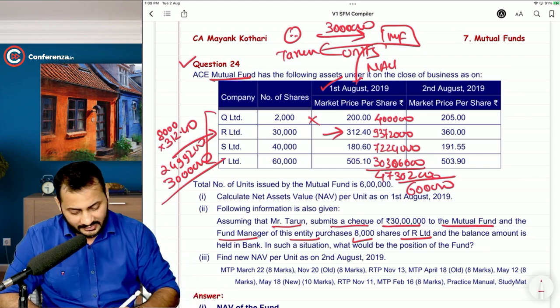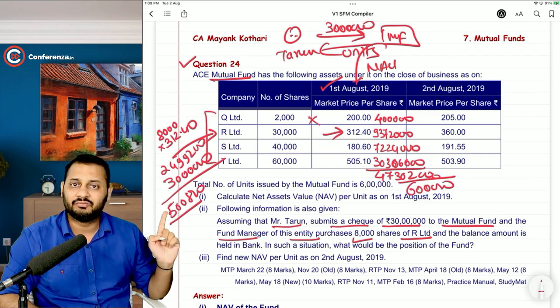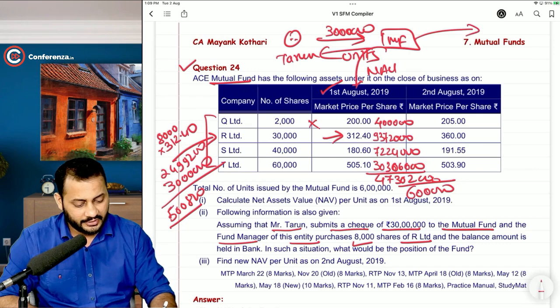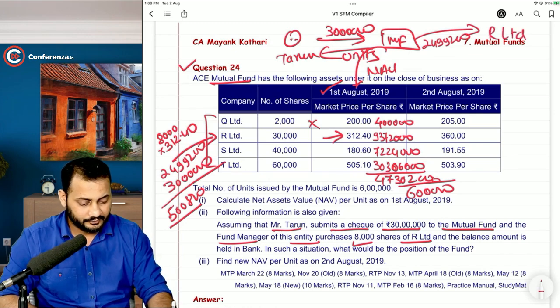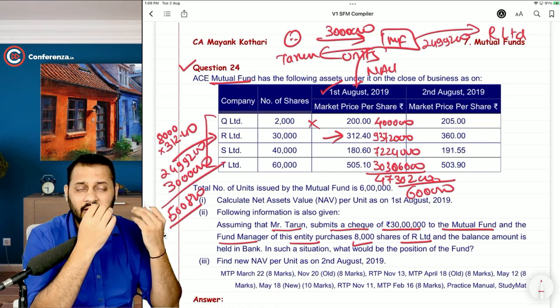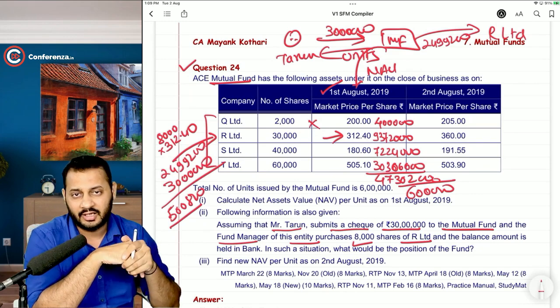So the balance amount of 5,00,800 is still lying in the bank balance of the mutual fund. So the mutual fund invested around 24,99,200 in R Limited. So we can say 8,000 shares have been added more in the portfolio for R Limited.